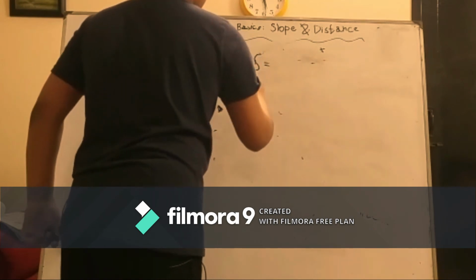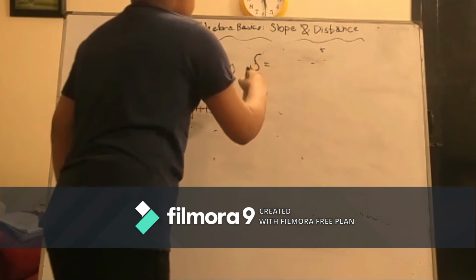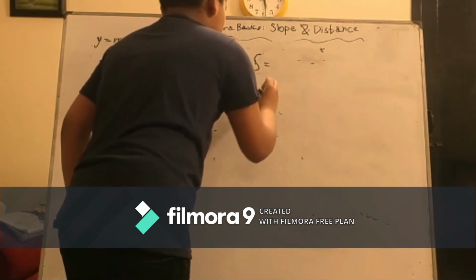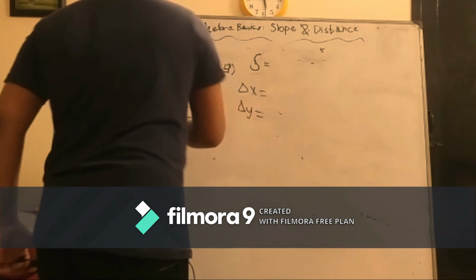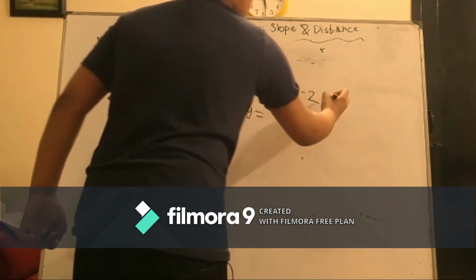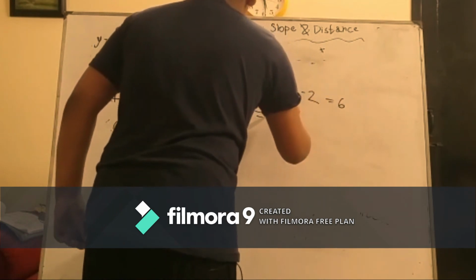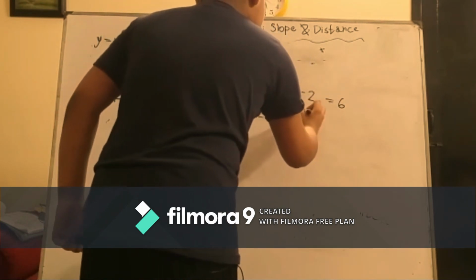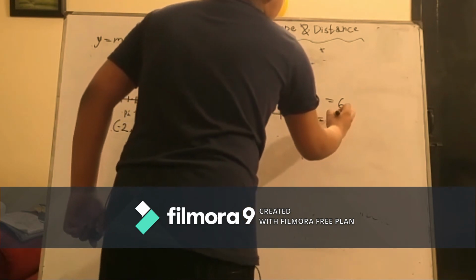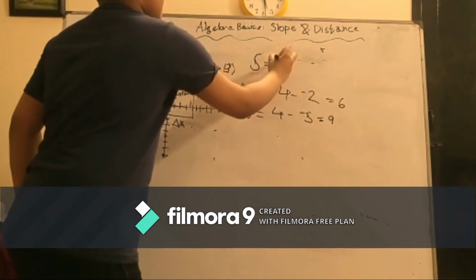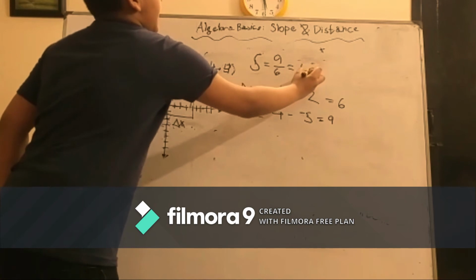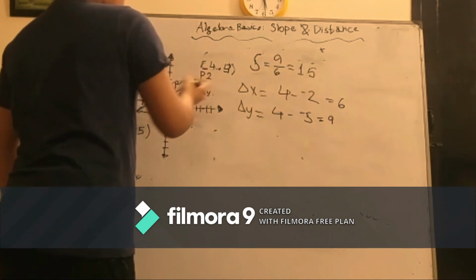We have to find the deltas first. 4 minus negative 2 equals 6, and 4 minus negative 5 equals 9. So this is 9/6, also known as 1.5. So this is the slope.